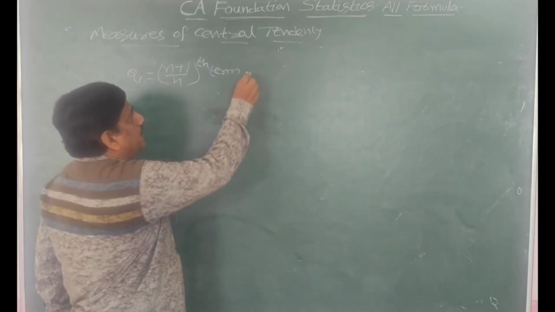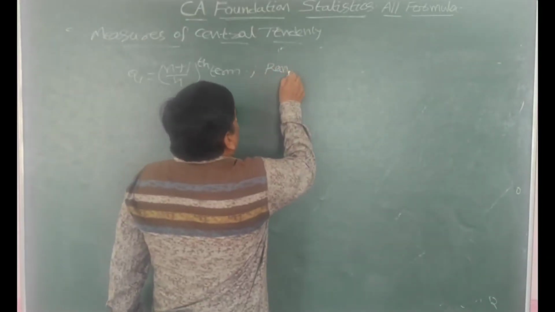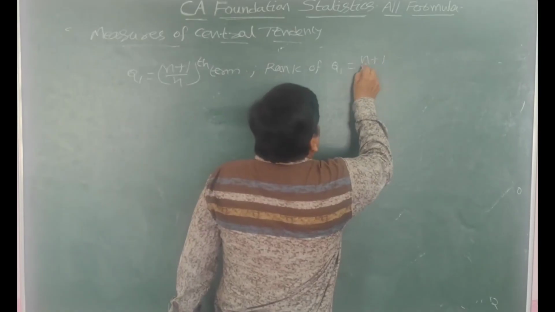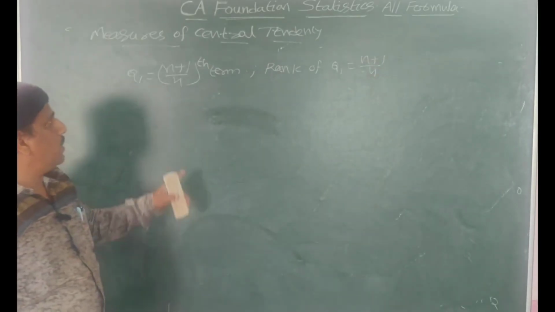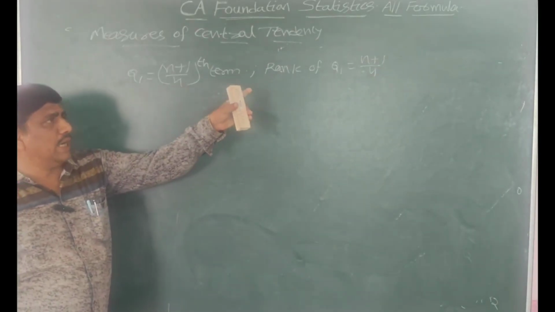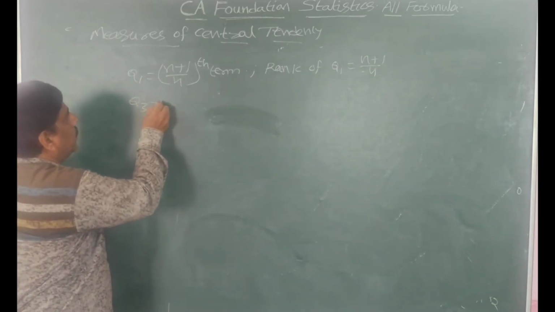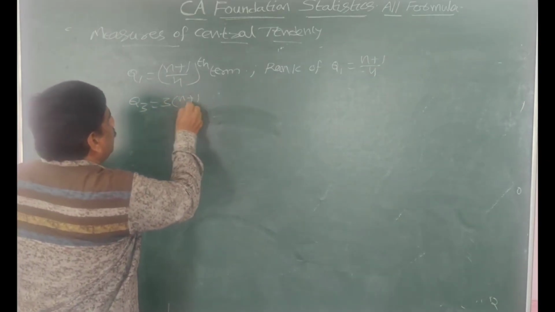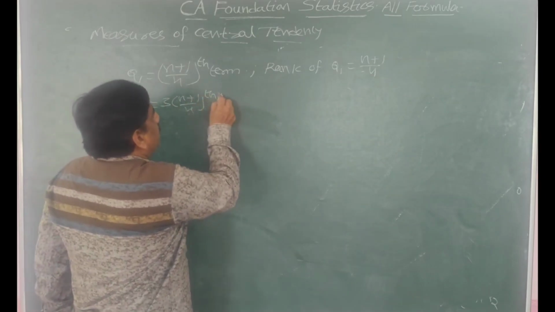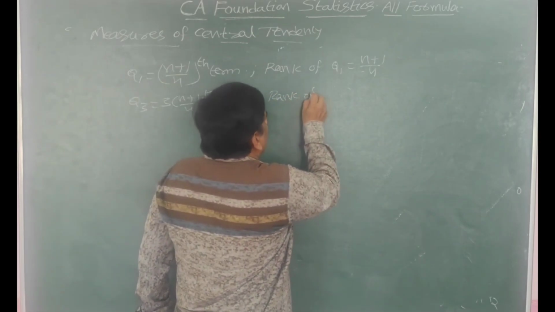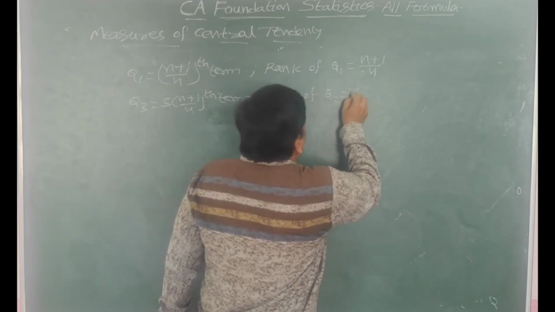If it is the rank of Q1, just write (n plus 1) by 4. Q3, the third quartile, is the 3 into (n plus 1) by 4th term, and the rank of Q3 is 3 into (n plus 1) by 4.